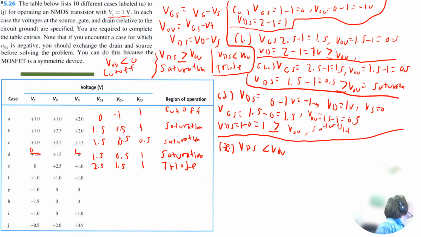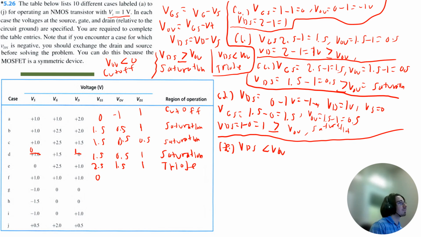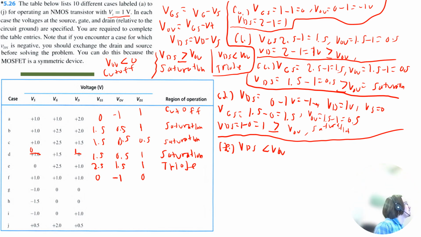Okay, case F, VG minus VS is 1 minus 1, so we have 0. That means V overdrive is negative 1, because it's 0 minus 1, and VDS is also 0. So again, we have this negative overdrive voltage, which means we are in the cutoff region.